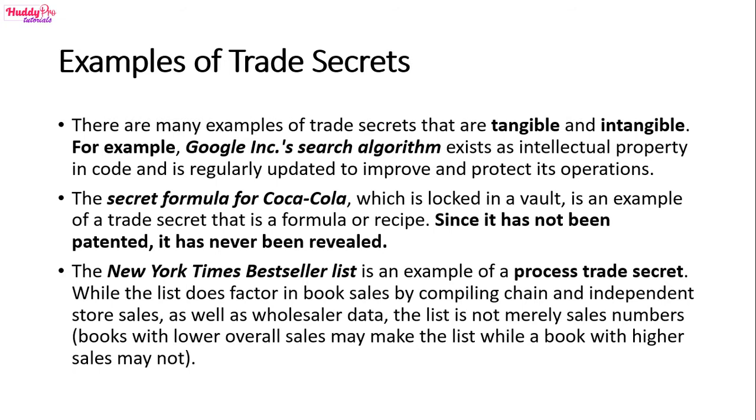These are some common examples of trade secrets. Some of them are tangible and some are intangible. For example, we have Google's search algorithm, and this exists as intellectual property in code, and it's regularly updated to improve and protect its operations.